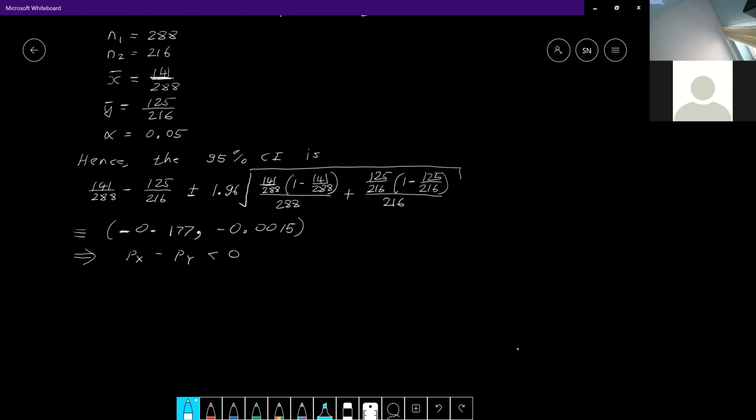So question 4: here we are looking for a confidence interval for the difference in population, a 95% confidence interval for mu1 minus mu2.